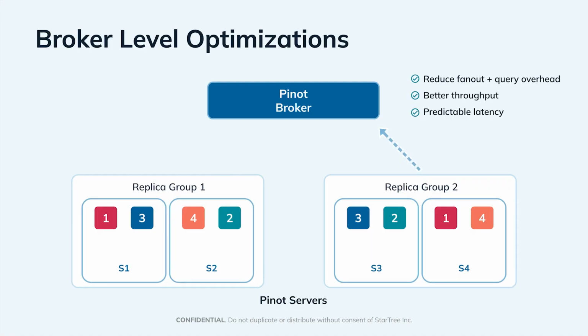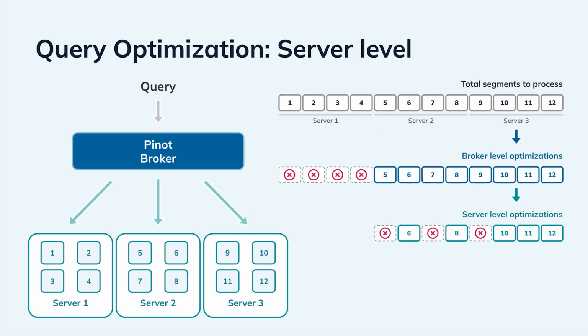This will also increase the fan out, right? Yes, so it's a fine balance between data scalability and replica group, but then you can apply the other optimizations which will help. All right, so with some of these optimizations, we have reduced from like 12 segments to, let's assume, this is a hypothetical example, but we basically reduce the number of segments by doing stuff only at the broker layer. So we haven't touched the data so far.